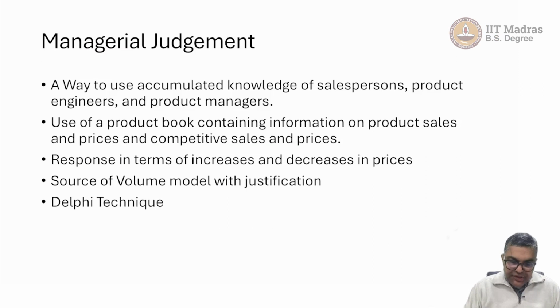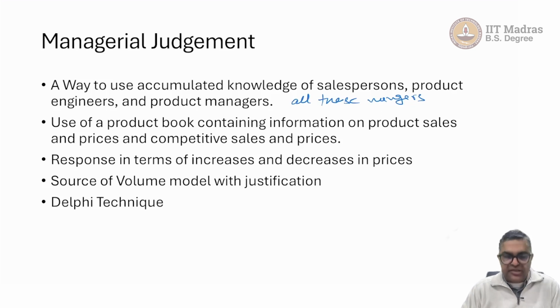So the first technique is managerial judgment. Managerial judgment is basically a way to use the accumulated knowledge of salespersons, product engineers and product managers. Basically all these managers can be given a kind of product book that contains information on product sales and prices, that is current, for the existing product, and competitive goods' sales and prices.